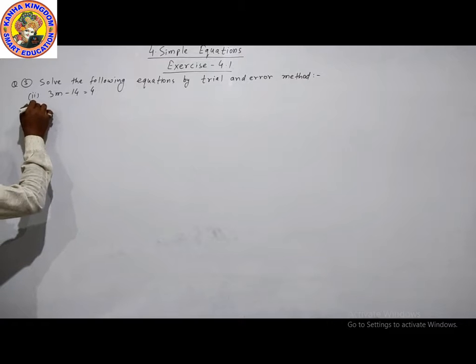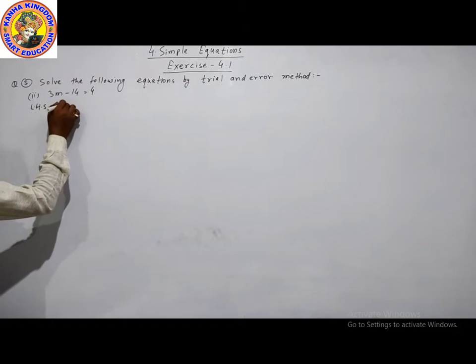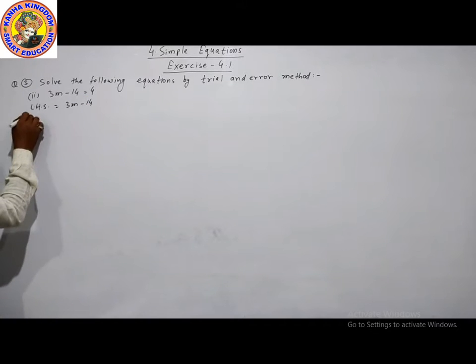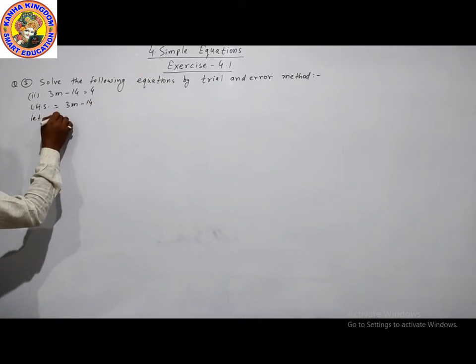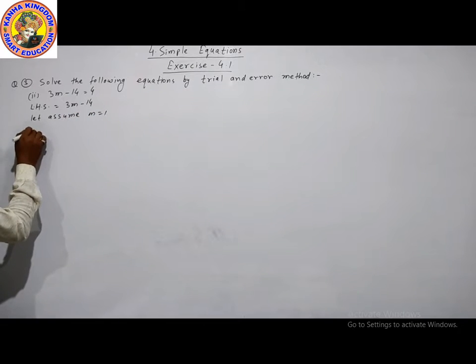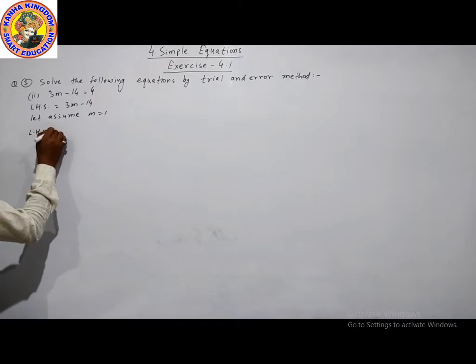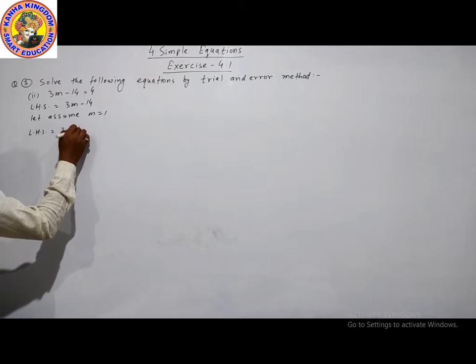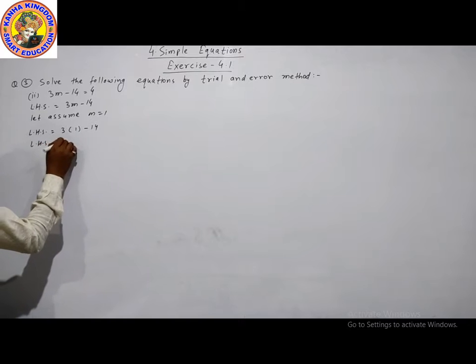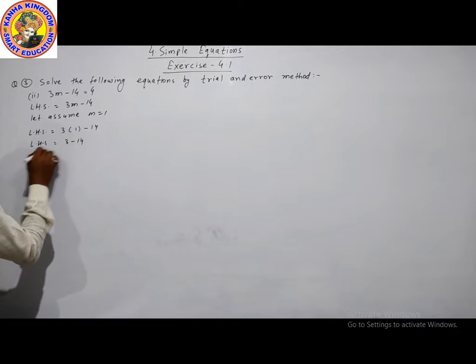Our left hand side is equal to 3m minus 14. Let us assume m is equal to 1. In the left hand side we are putting the value of m: 3 into 1 minus 14. Left hand side is equal to 3 minus 14.